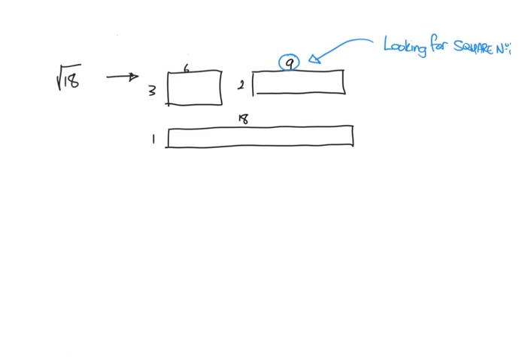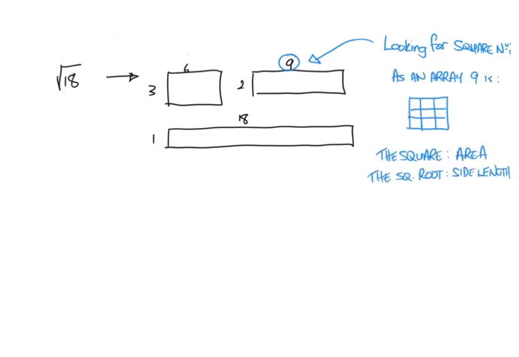If we did this for 9, it would look like this. Now, for this array showing 9, the area represents the square number itself, and the square root represents the side length, which is 3. Now, we also know that 18 is made up of 2 groups of 9.